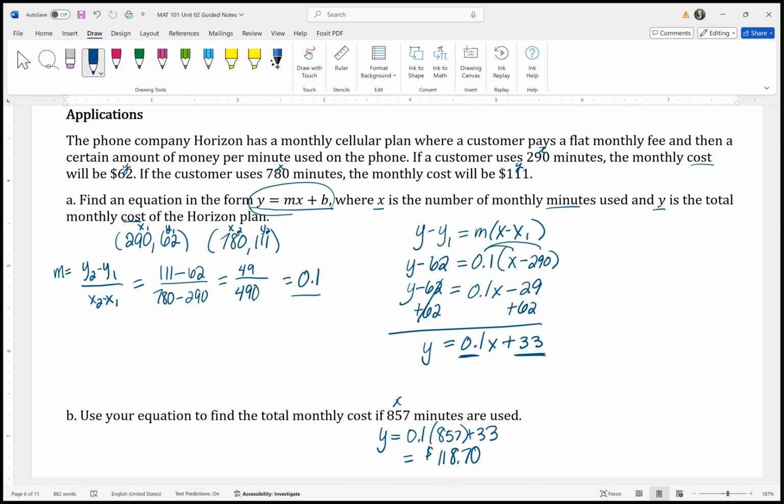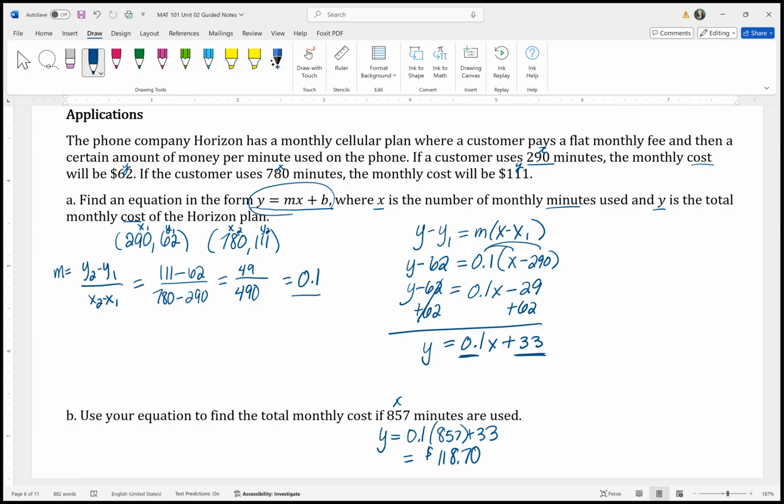Anyway, hope this helped. So again, one more time. Your first step is to write your points down from the problem. Your points are literally in order here: it's saying minutes, cost. That's the points you're writing down. Next, label those points X1, Y1, X2, Y2. Next, find the slope.